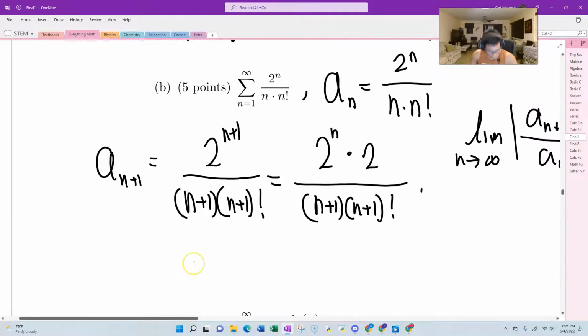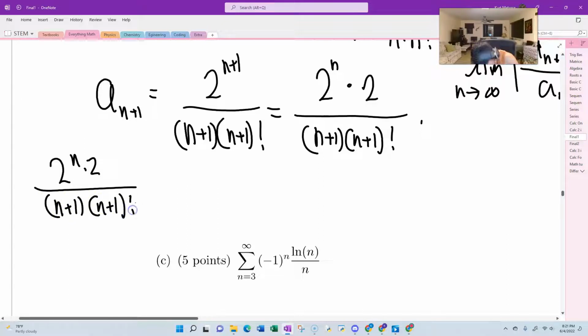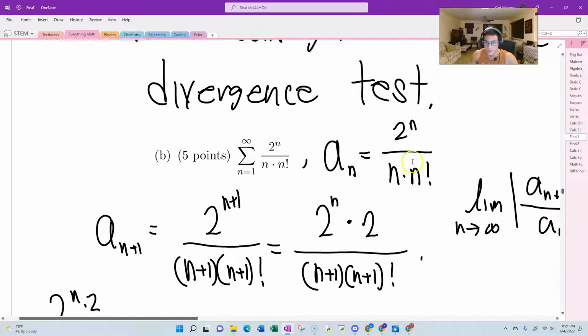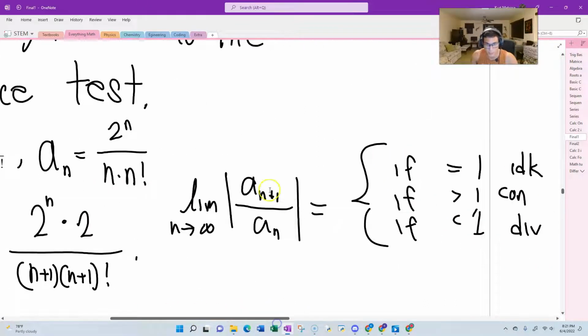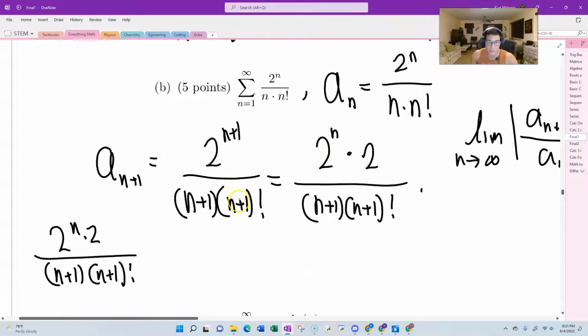Let's do it over here. So we have 2n times 2, n plus 1, n plus 1 factorial. And then since we are dividing, since we're following this formula here, I wrote out this guy here and this guy here just to make it all easier.